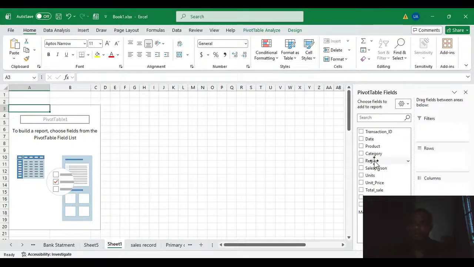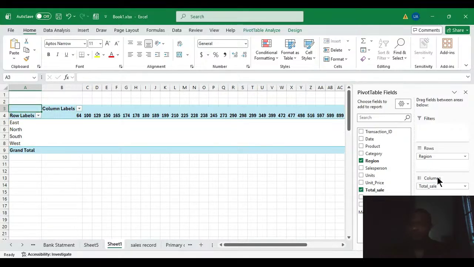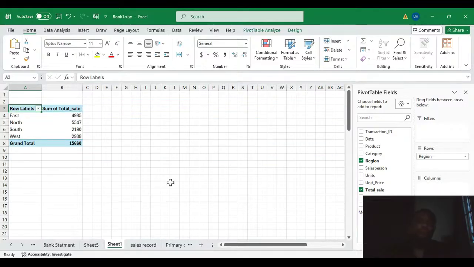So if I move this to this row here, and then I move this down here, sorry, here, this is telling me an amount. It's giving me an amount, which is the sum of total sales in the north region. But what we are looking for is the average sales.